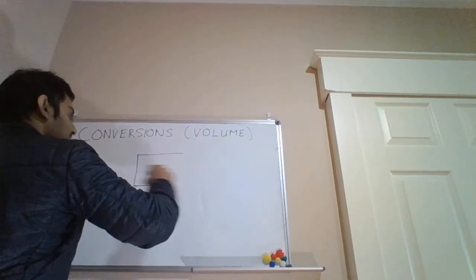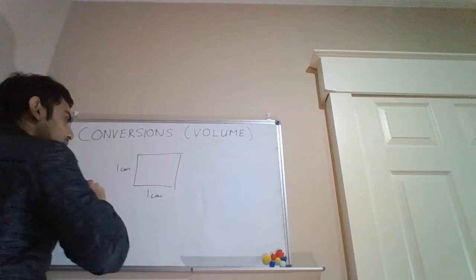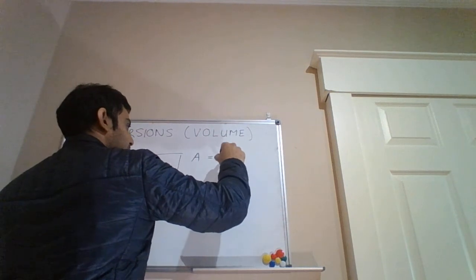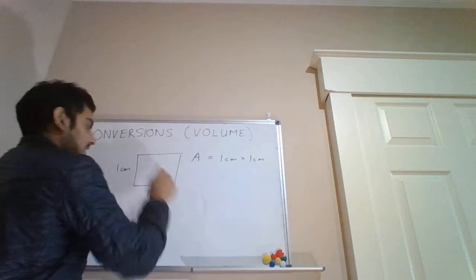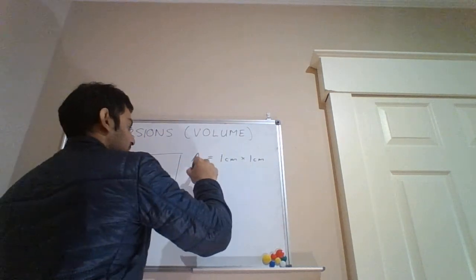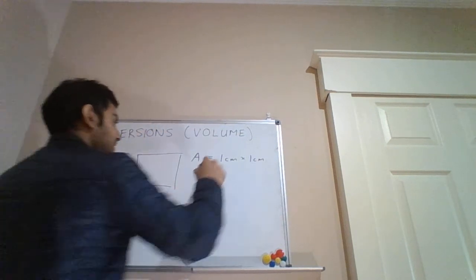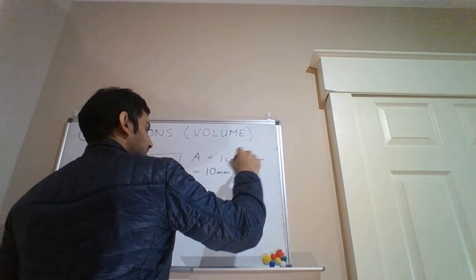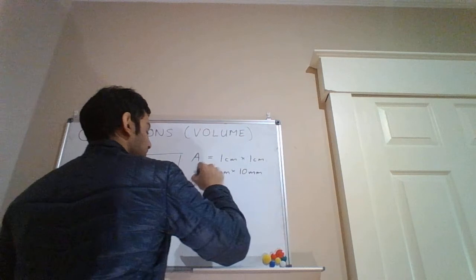So if we have a 1 centimeter by 1 centimeter square, then our area equals 1 centimeter times 1 centimeter, base times height. Now if we're doing our conversions to millimeters, we have that 1 centimeter is 10 millimeters, and then this 1 centimeter is 10 millimeters.